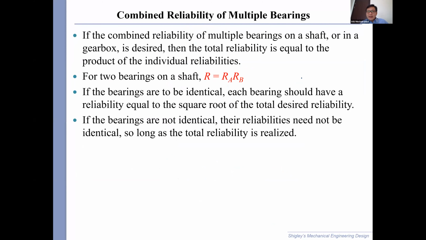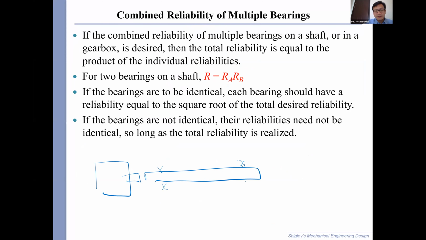If we do have multiple bearings, like 2 bearings, remember a shaft more than likely is supported by 2 bearings here and here. If one of them fails, consider that a failure.